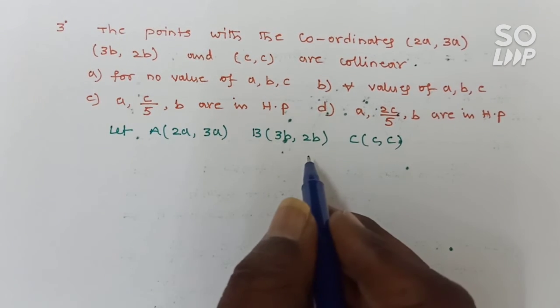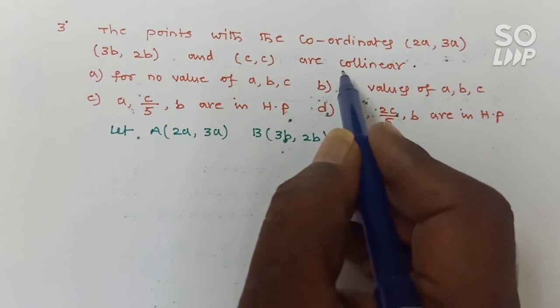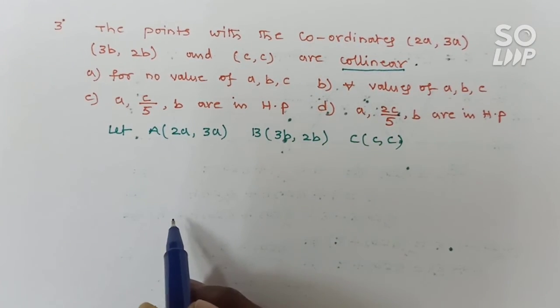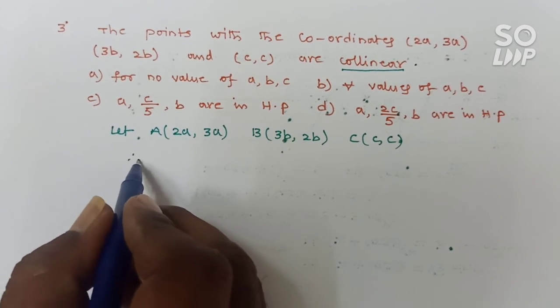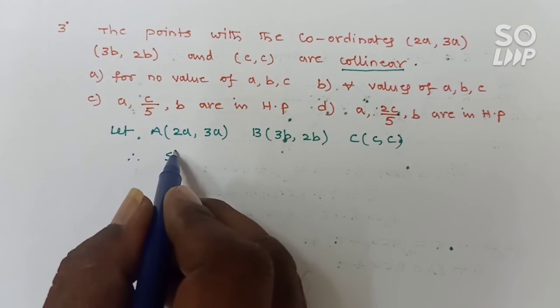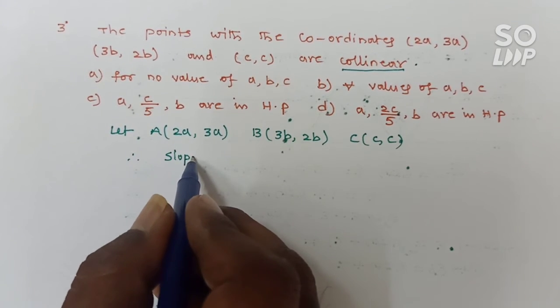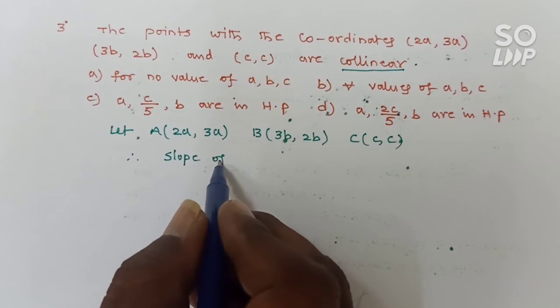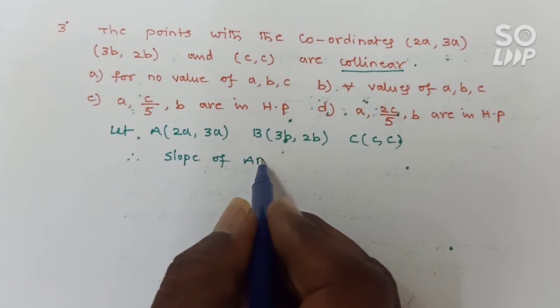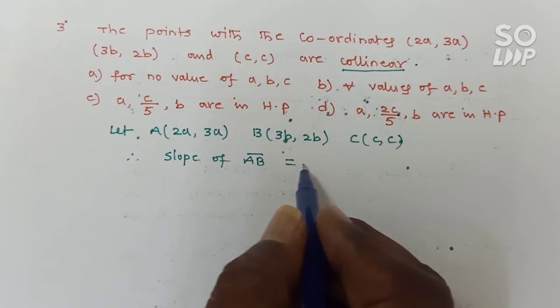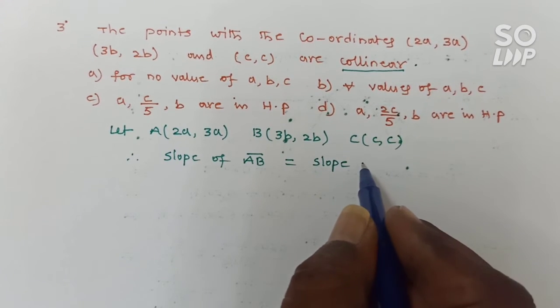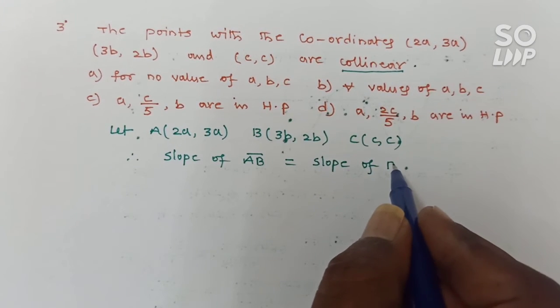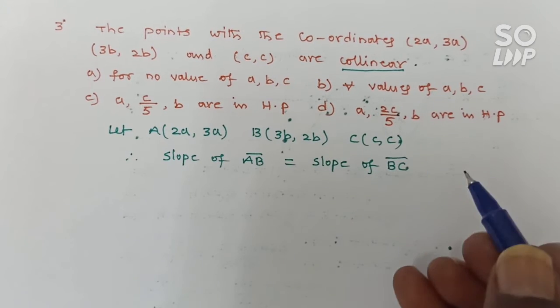These points are collinear, as already mentioned in the problem. Now you apply the slope concept. Therefore, slope of AB is equal to slope of BC, or slope of AC, anything you can write.